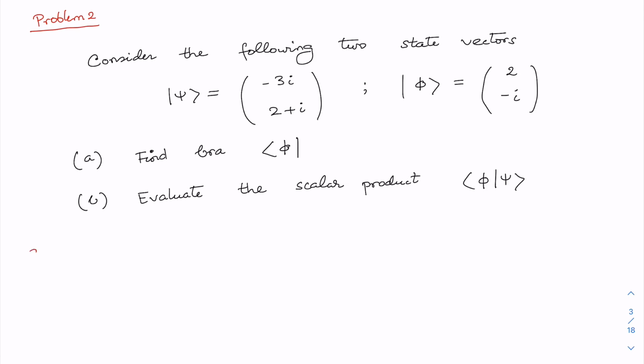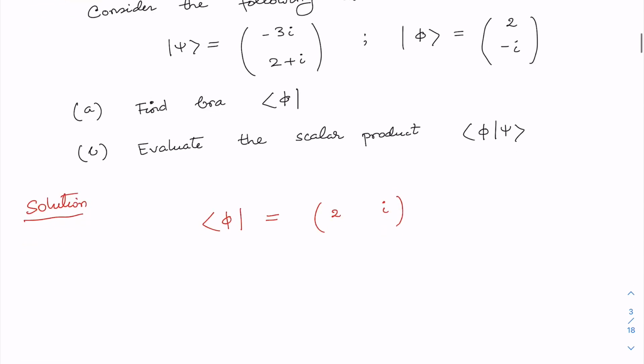It's very simple. So here the bra phi would simply be the row vector, only the transpose you have to do, and then you have to take the complex conjugate, so it would be (2, i). This is our bra. And then the scalar product would be the matrix multiplication of this bra phi and ket psi.